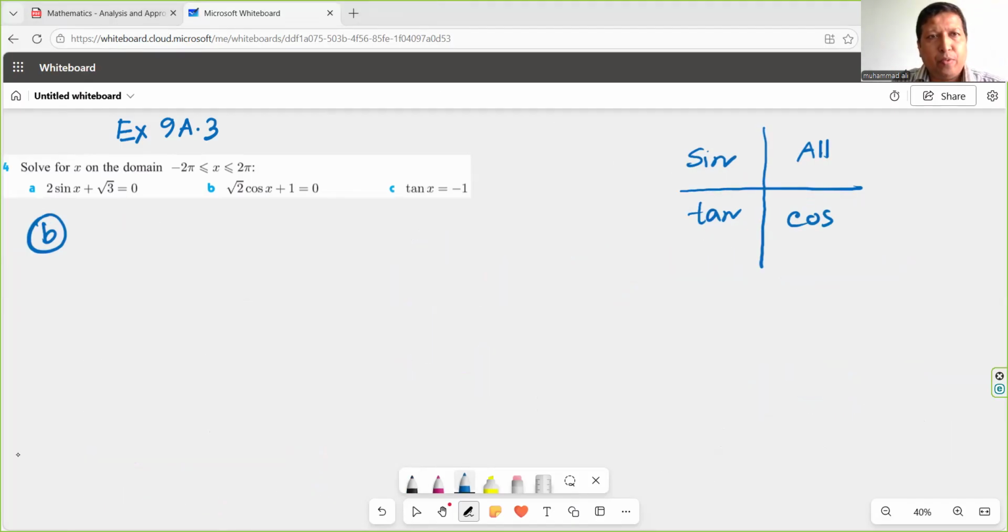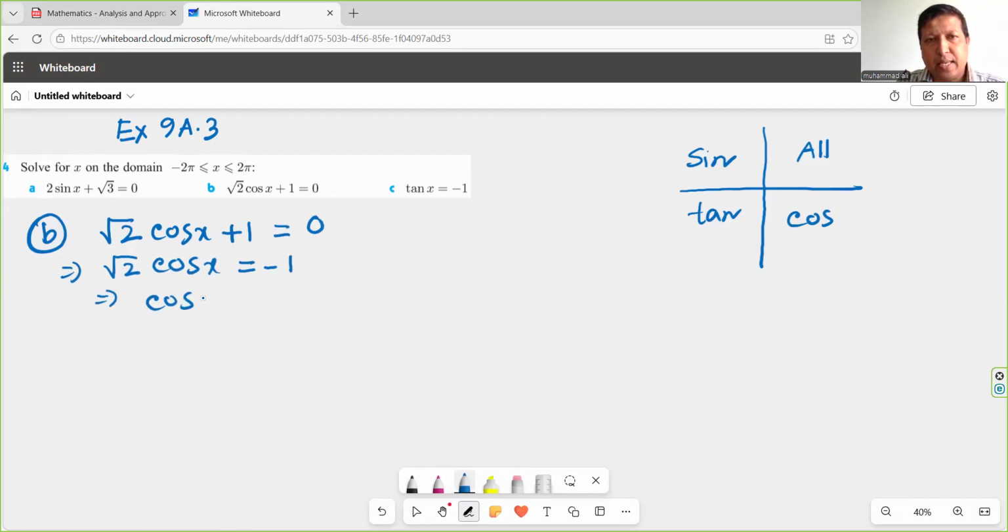Question number B, root over 2 cos x plus 1 equals 0. So we have to write here root over 2 cos x equals minus 1. So cos x equals minus 1 by root 2. So x equals minus cos inverse 1 by root 2.